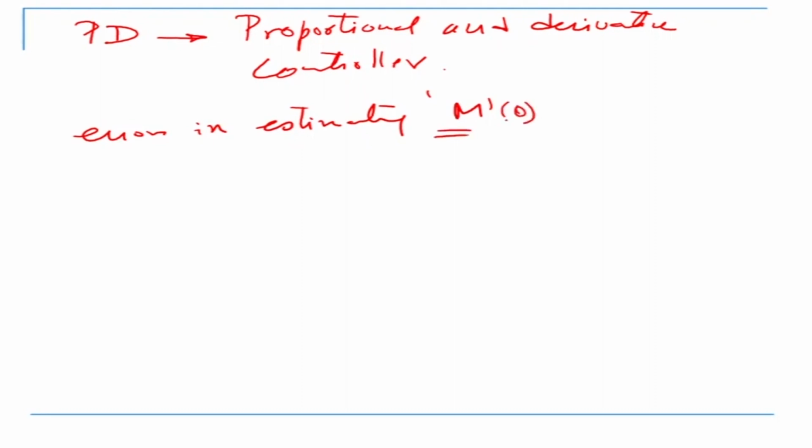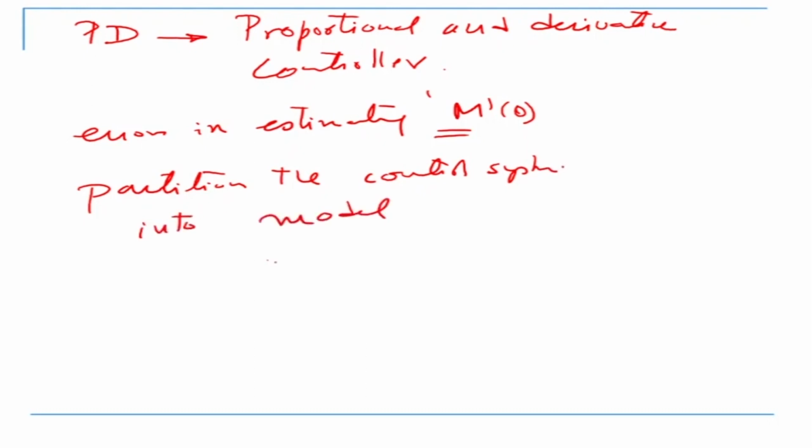So what we can do is partition the control system into a model part, which contains the m, b and k parameters, and a servo part, which is basically servoing and causing the error to go to 0.